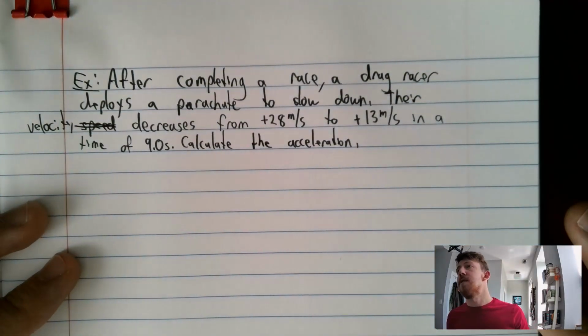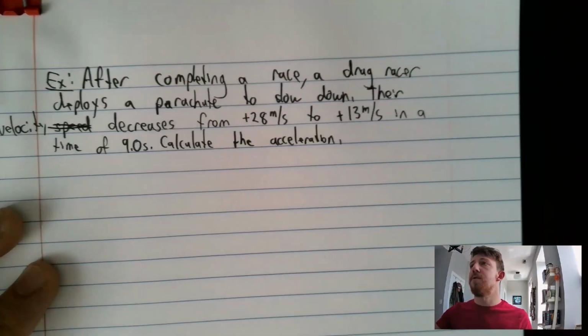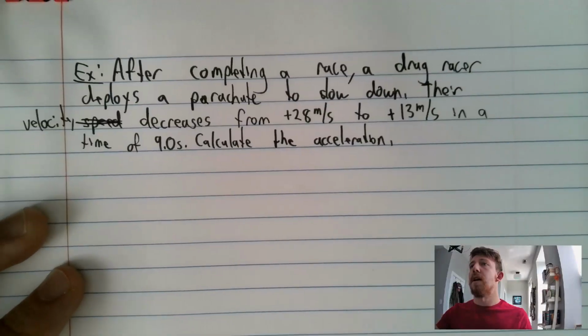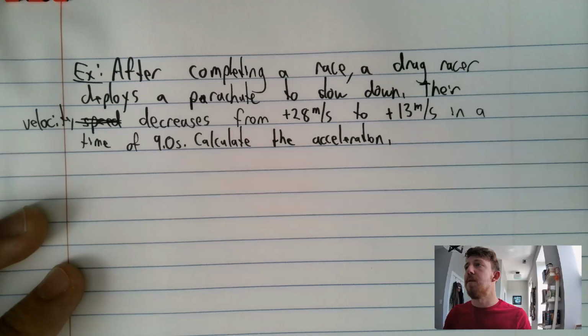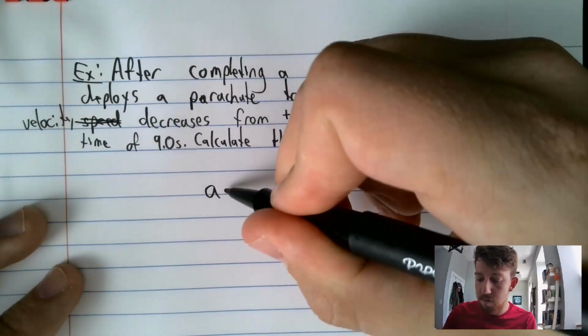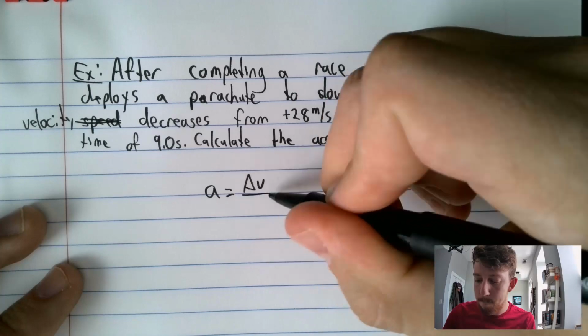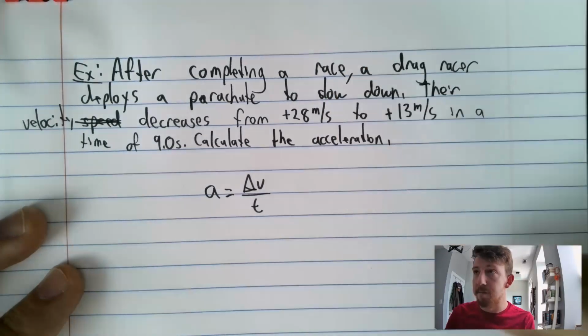After completing a race, a drag racer deploys a parachute to slow down. Their velocity decreases from 28 meters per second to 13 meters per second in a time of 9.0 seconds. Calculate the acceleration. So here is our original equation. We're trying to get acceleration again.